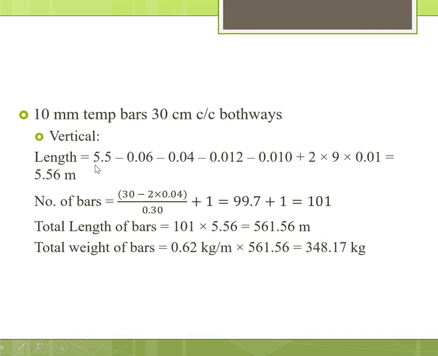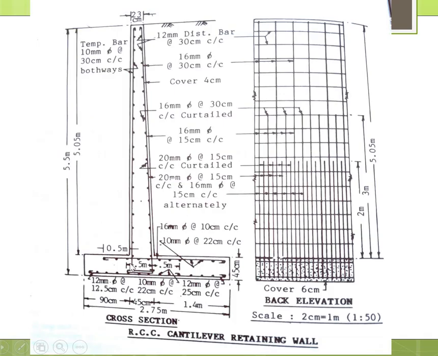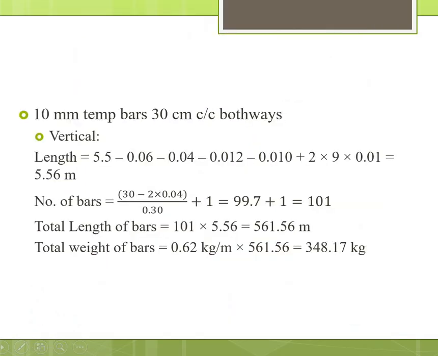We are giving 5.5 directly because there's a turn on the left side. When you see the figure, you can see there's a turn here. So this 5.5 total length has been assumed directly.